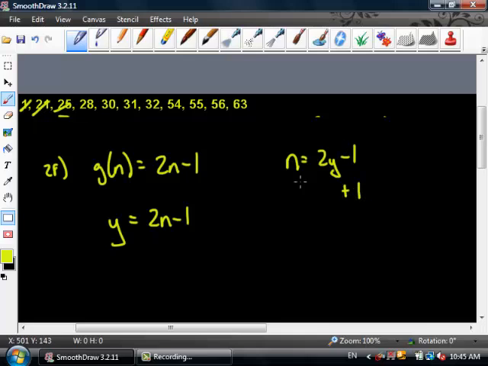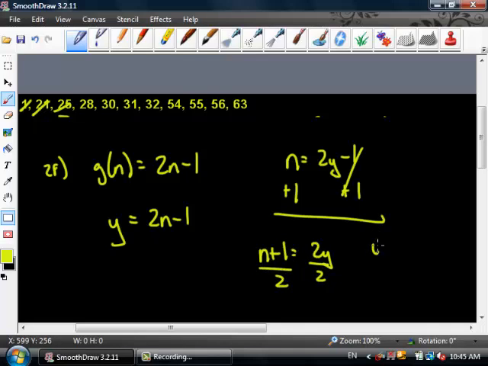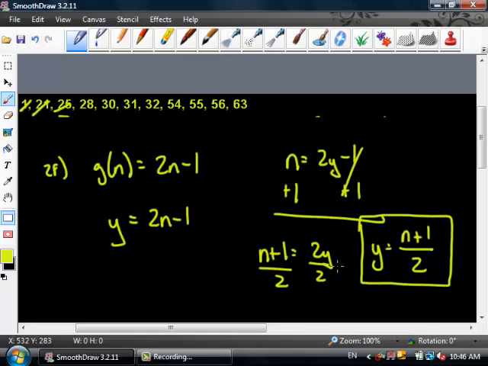So I'm going to add 1 to both sides. So I get n plus 1 equals 2y, and now I divide by 2. So I get y equals n plus 1 over 2. And there's your inverse.